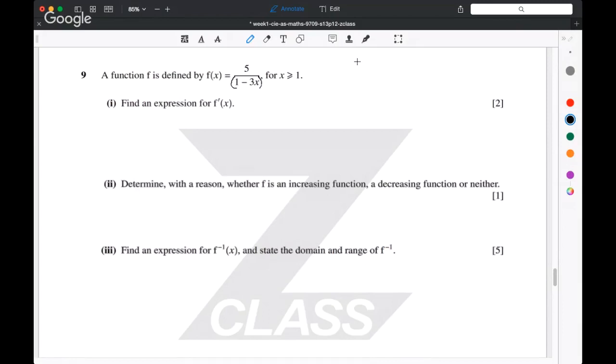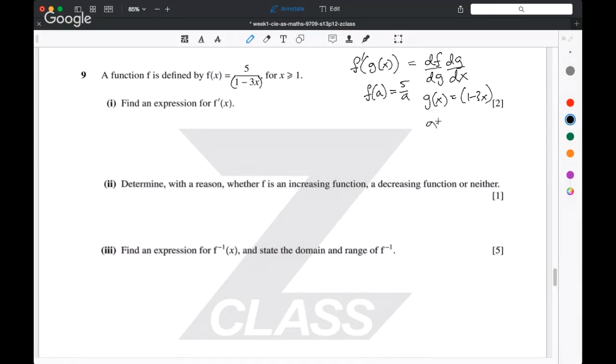So that's if you have f of g of x, if you differentiate this, that's equal to df dg times dg dx. So here, f of some quantity is 5 over a, and g of x is 1 minus 3x.